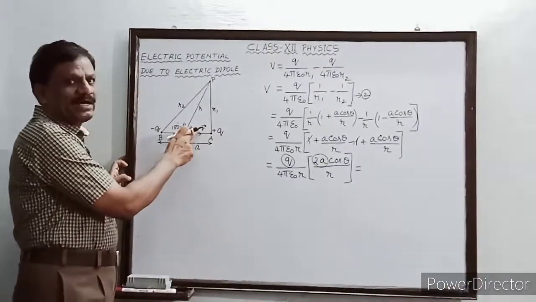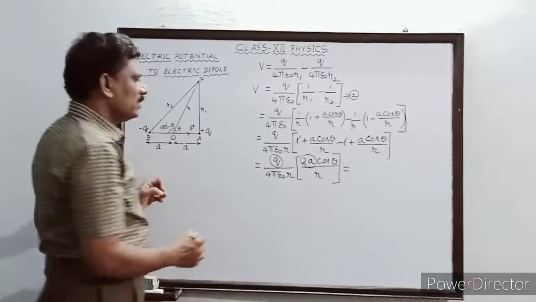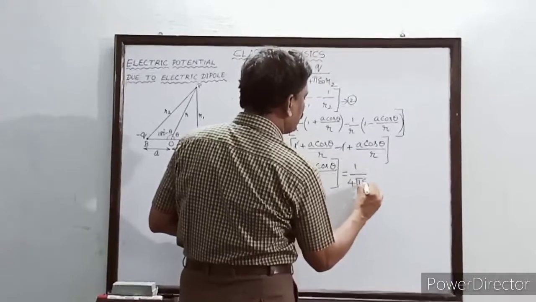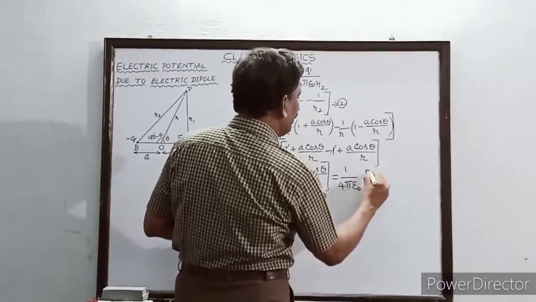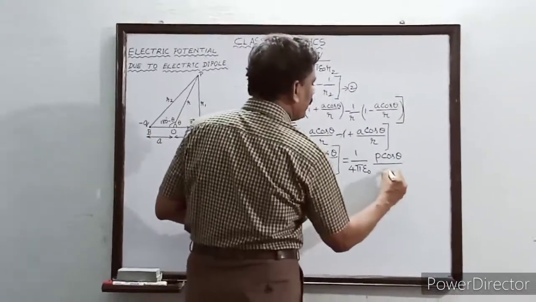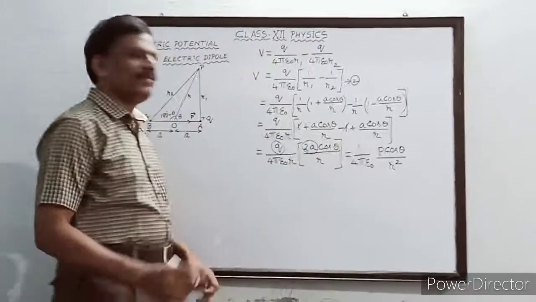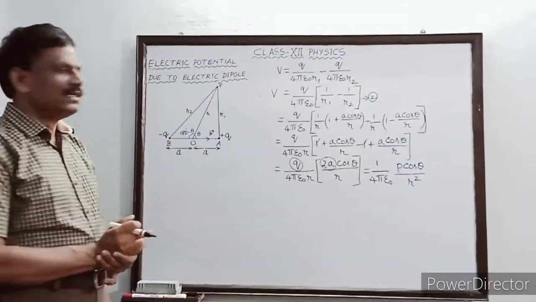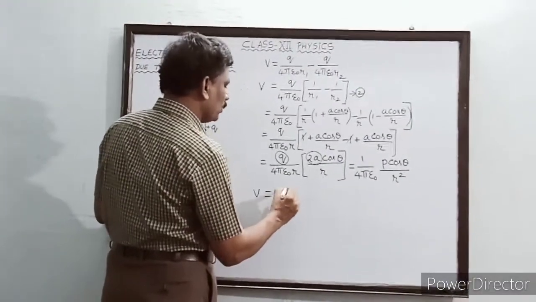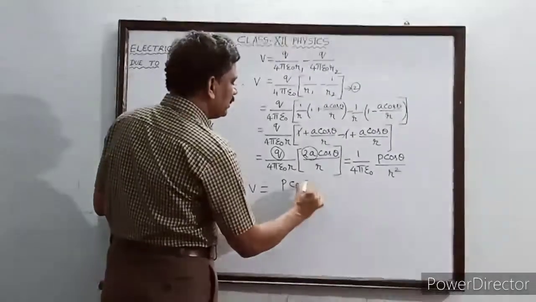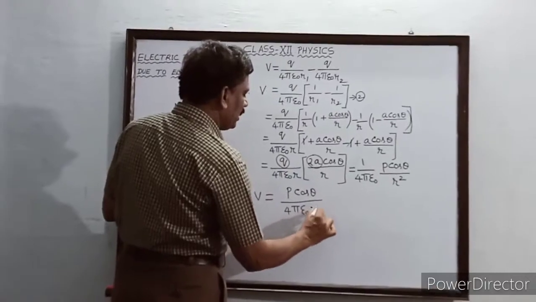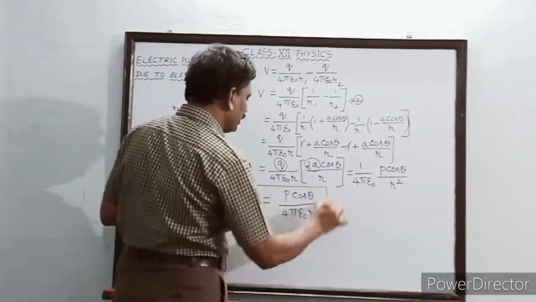So, its magnitude is P equal to 2A into Q. So, I have grouped the terms. This is equal to 1 by 4 pi epsilon naught into P cos theta divided by R into R, which will become R square. Understood? So, therefore, the net potential V is equal to P cos theta divided by 4 pi epsilon naught R square. This is the electric potential.